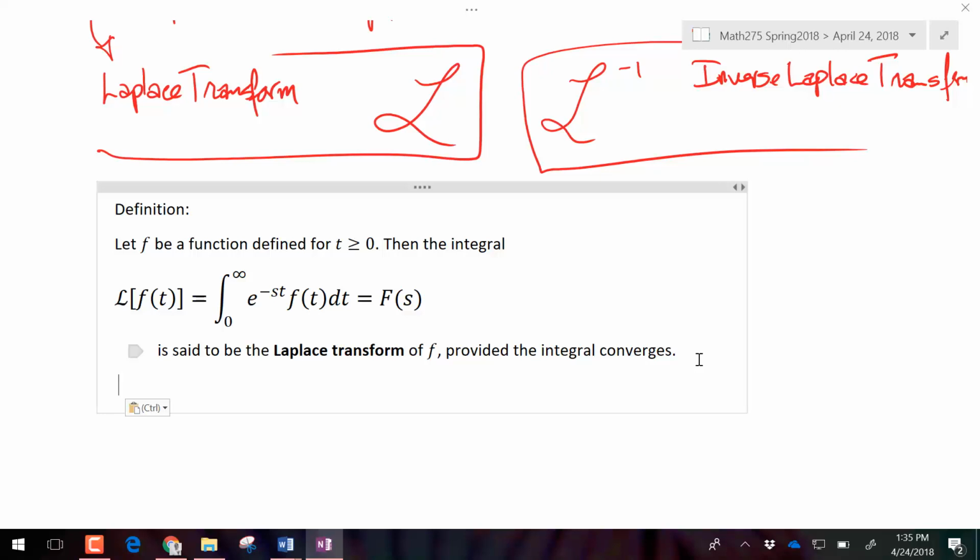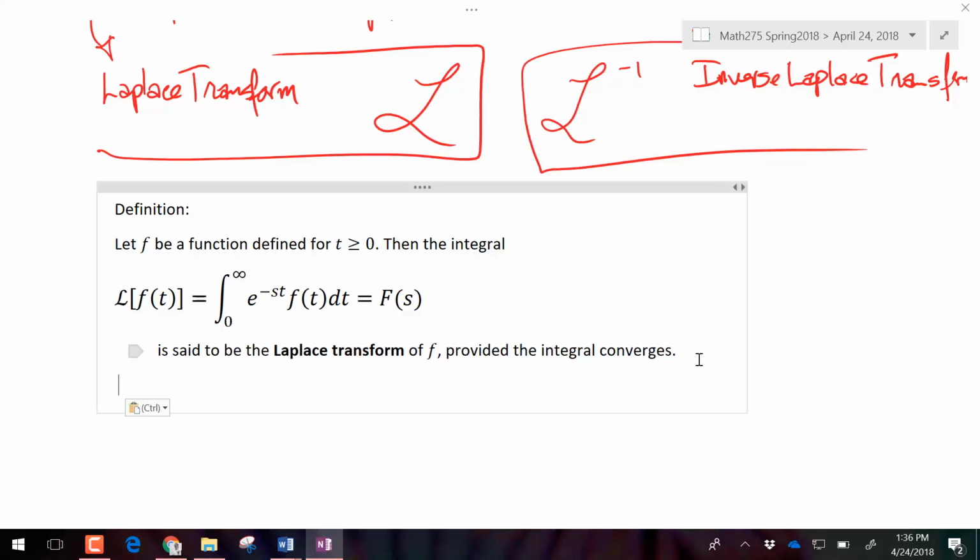Now this is an infinite integral, but we're pushing it down with an e to the negative st, which in the positive side shrinks it down. So we're hoping that we're actually going to get some finite results out of this. And what we're interested in doing is finding out the Laplace transforms of some basic functions.